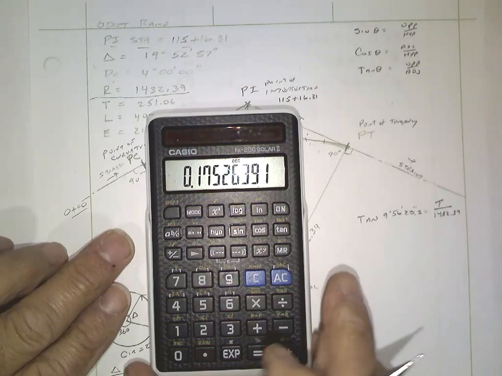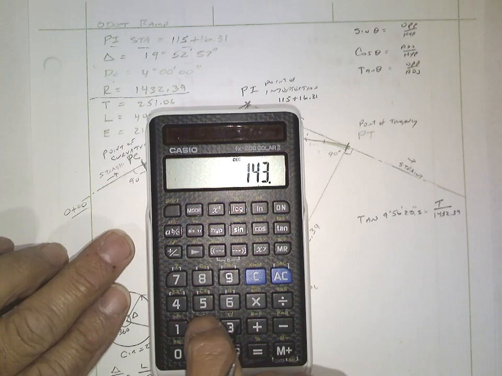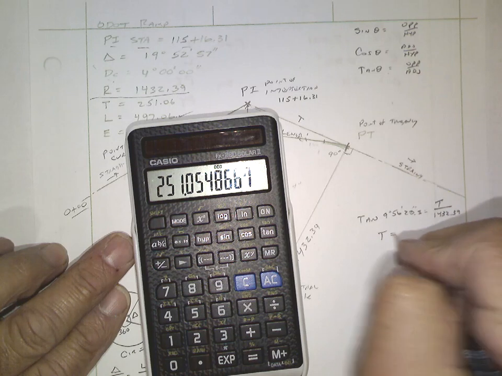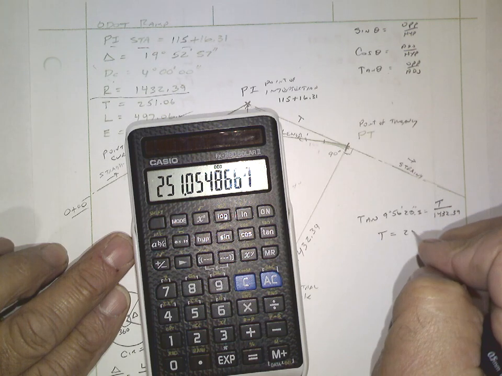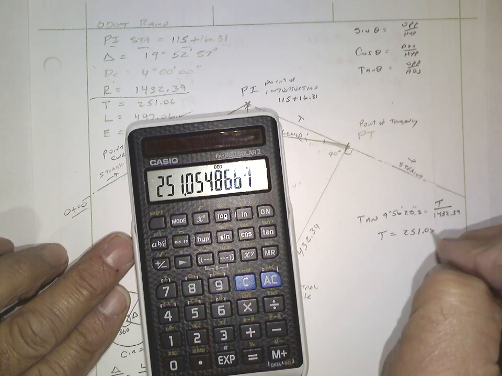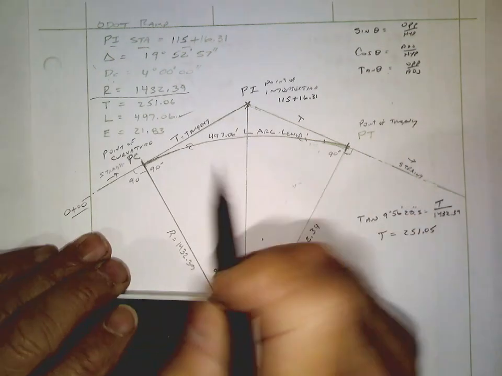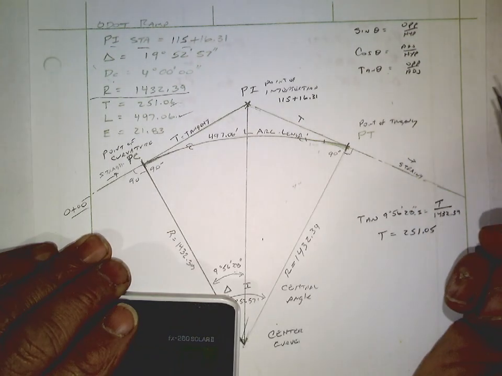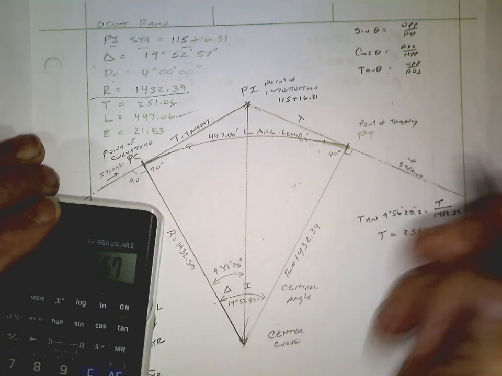So I take the tangent times 1432.39, and I come up with a calculated value that t is 251.05. They gave me t is 251.06. I don't quite agree with it, but it's close enough for what we're doing.